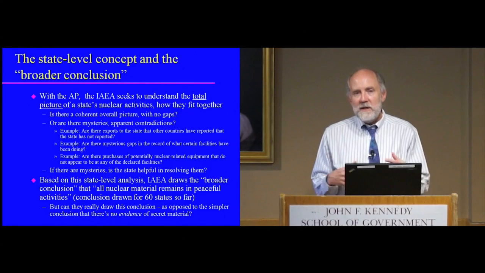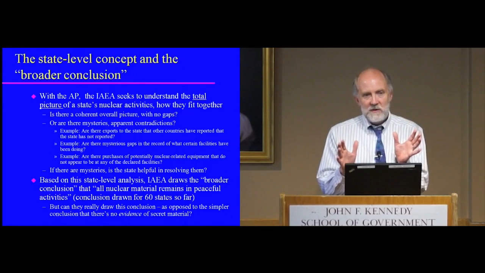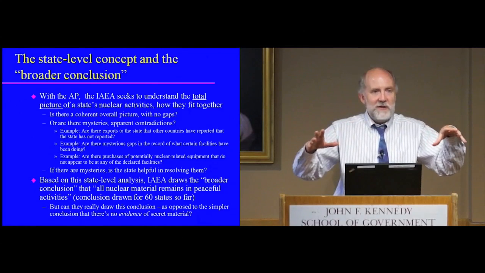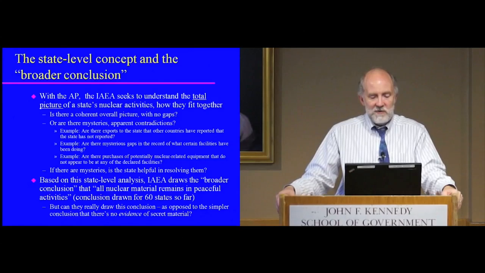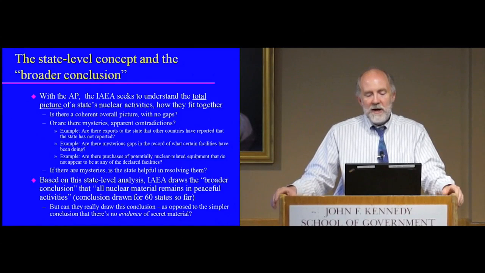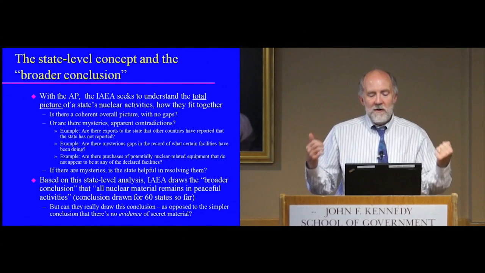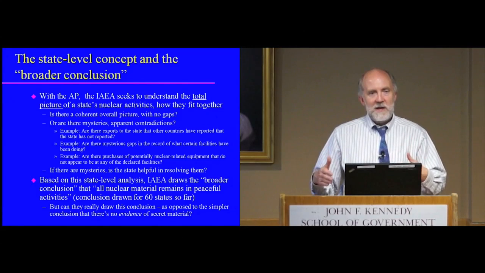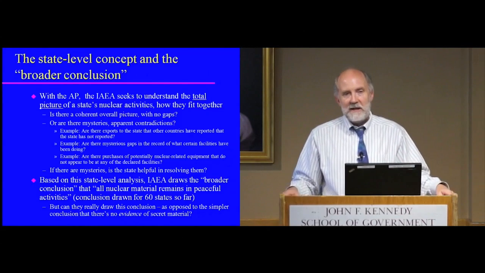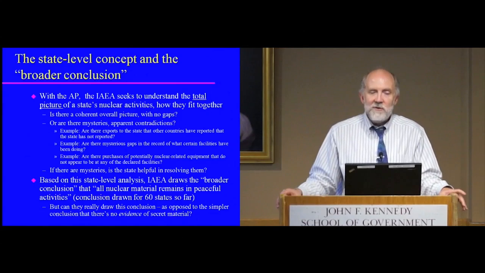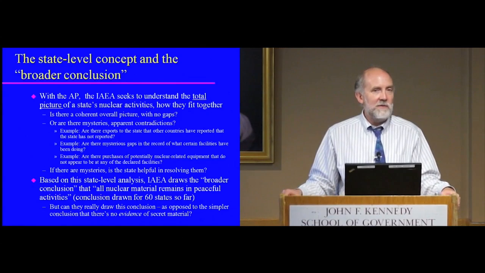So based on this state level analysis, with all the information they can get from a wide variety of sources, the IAEA then draws what they call the broader conclusion, which is that all nuclear material in the state remains in peaceful activities. They've drawn that conclusion for 60 states so far.